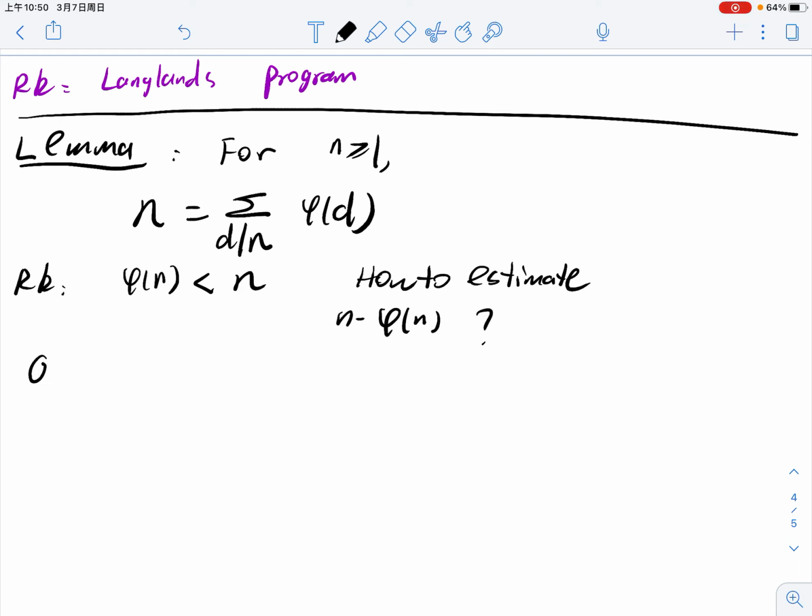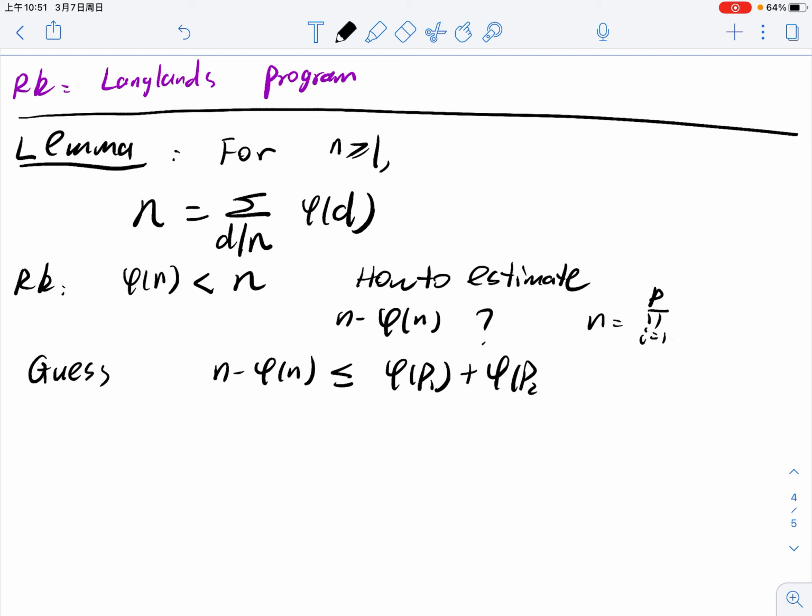So guess n minus phi n is bounded by this natural guess: phi p1 plus phi p2, suppose n is a product of this form, plus all the way to phi pk. You might guess this is true, and then it turns out not the case.